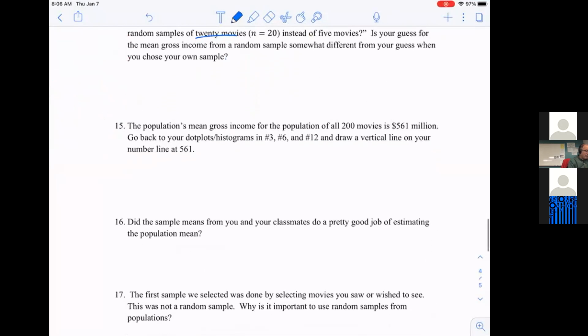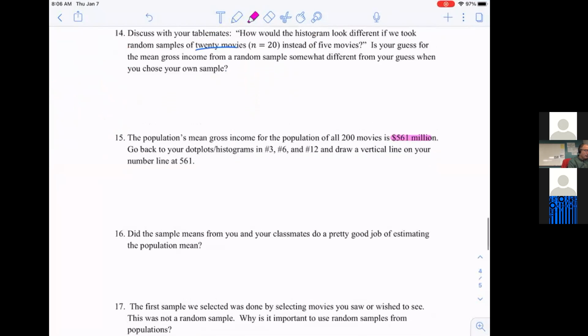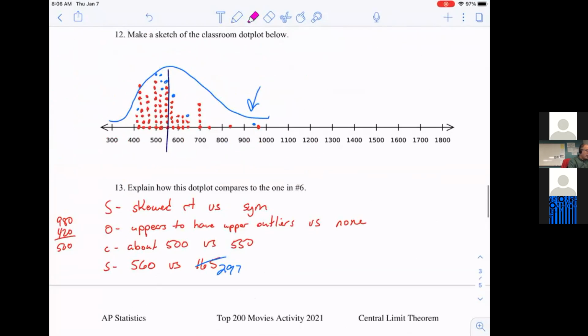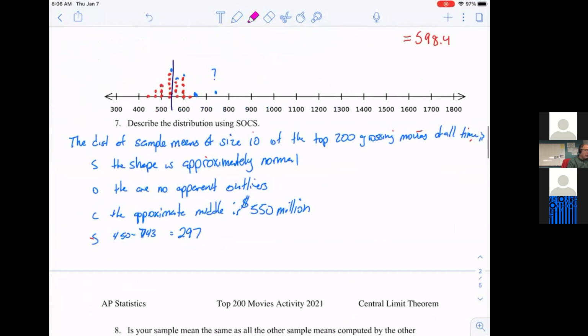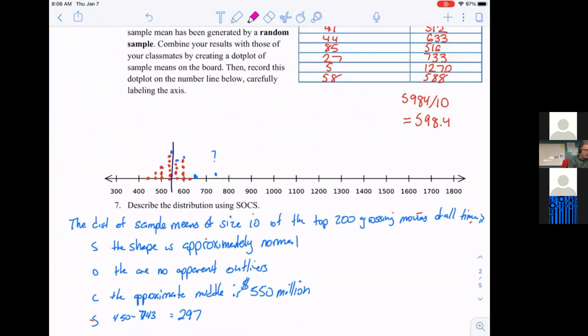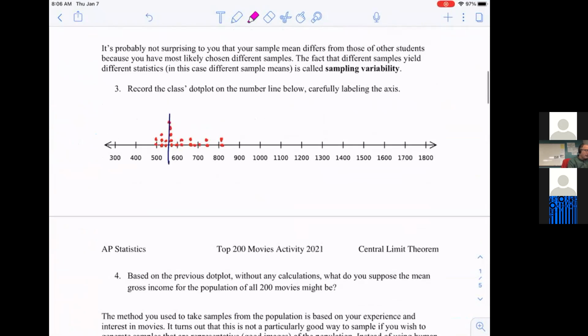I went ahead on number 15. You're supposed to draw the official mean for that entire population of 200, which is 561 million. So the goal was to go back and draw a line at 561 in each of those dot plots, so we could see where the actual mean was.